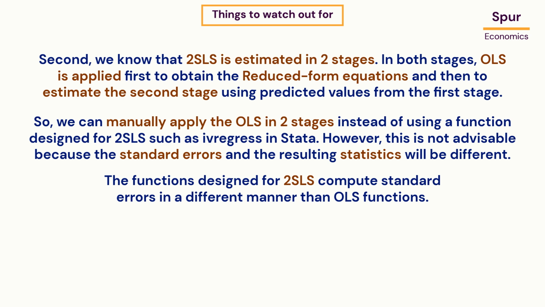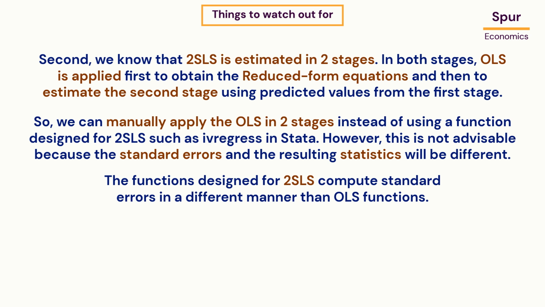Second, we know that 2SLS is estimated in two stages. In both stages, OLS is applied first to obtain the reduced form equations and then to estimate the second stage using predicted values from the first stage. So, we can manually apply the OLS in two stages instead of using a function designed for 2SLS such as ivregress in Stata.